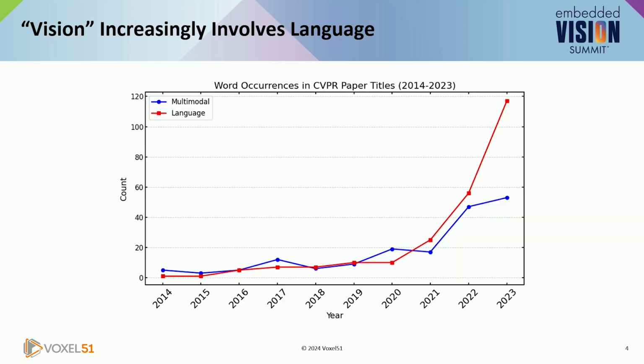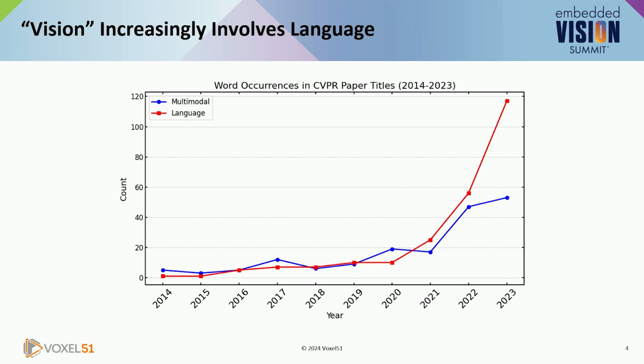And multimodality is not just something that is restricted to chat interfaces. It has already made it all the way into the forefront, the cutting edge of computer vision research and engineering these days. And as a case in point of this, you can see, as I've done here, I've scraped all of the paper titles from CVPR for the past 10 years and looked at the occurrences of the words multimodal and language.